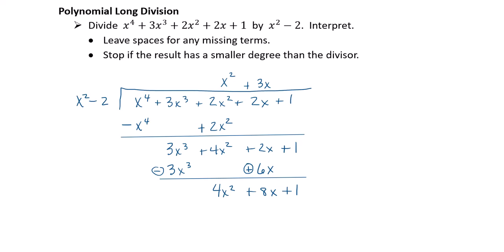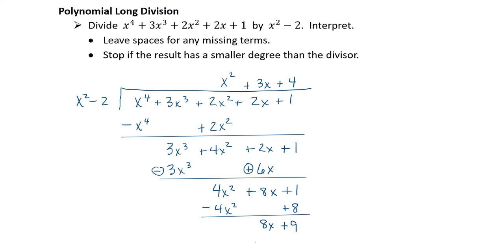4x squared divided by x squared is a positive 4. 4 times x squared is 4x squared, and a negative 2 times 4 is negative 8. Draw our line, change our signs, and combine down. 4x squared and negative 4x squared cancel out, and I get 8x plus 9.